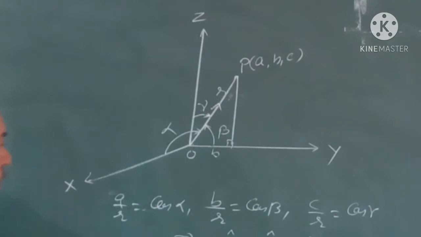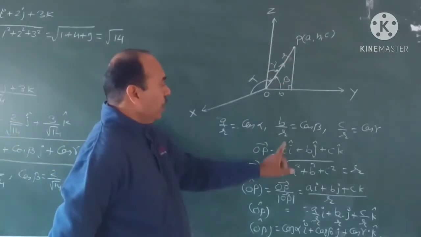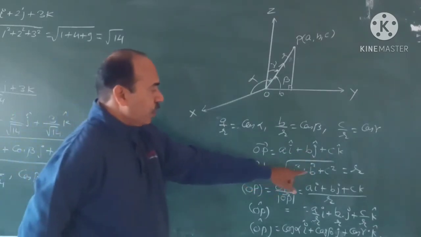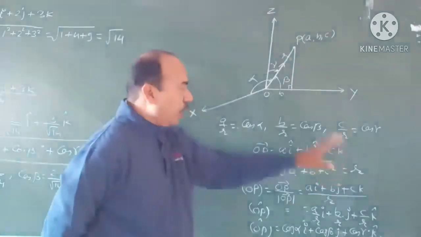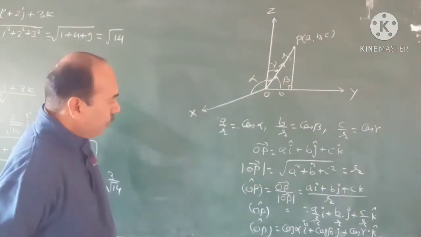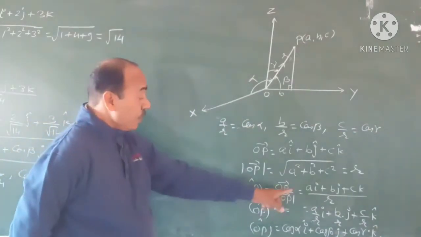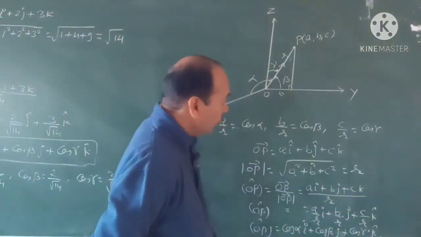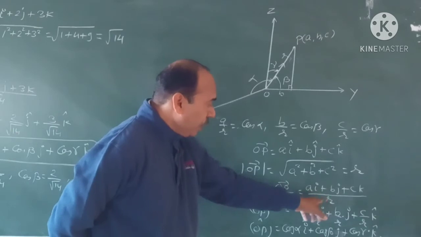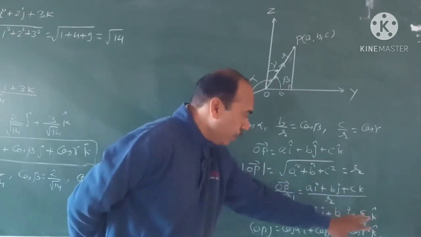Now vector OP, from O to P, is Ai plus Bj plus Ck, and its mod value is under root A square plus B square plus C square, suppose R. If you find the unit vector in the direction of OP, OP cap is vector OP divided by mod of OP, which means (Ai plus Bj plus Ck) divided by R. Every term is divided by R, so A by R i cap, B by R j cap and C by R k cap.